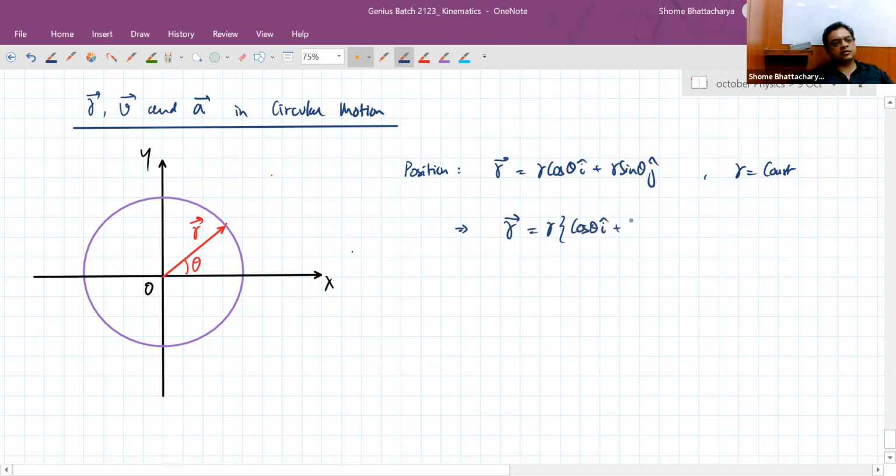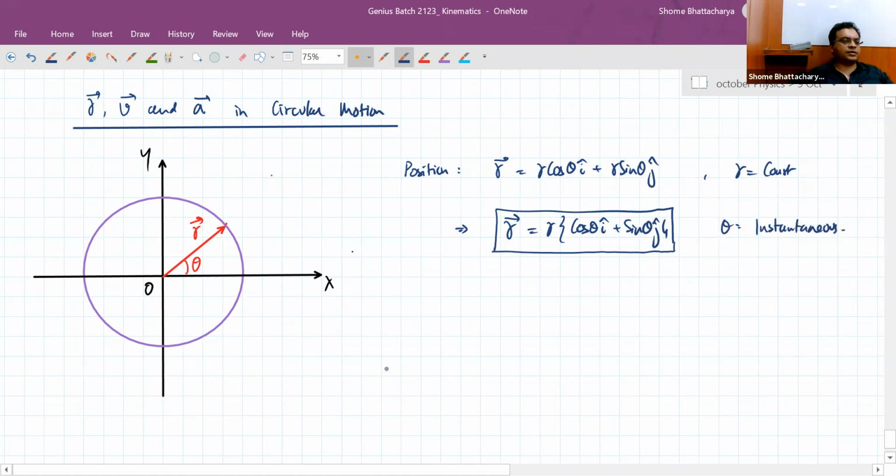The vector which I have written in the bracket in this equation is the quantity which is varying with respect to time. Theta is the quantity which is instantaneous, or changing with respect to time.